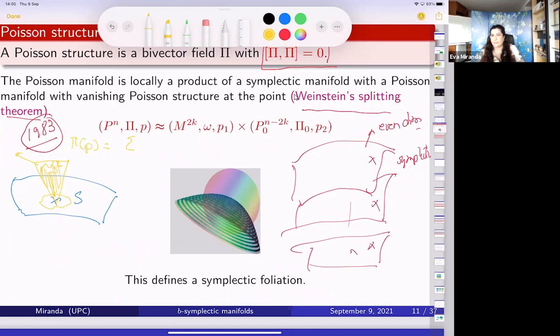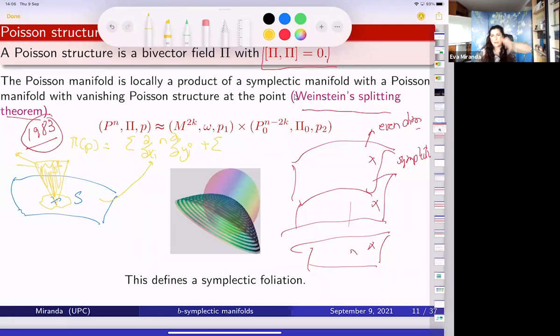And now today I feel very brave. So instead of using differential forms, I'm writing it as a bivector field. You agree with me that this would be the dual to the Darboux form on the symplectic manifold. And then you have an orthogonal where you have a Poisson structure on this slice.